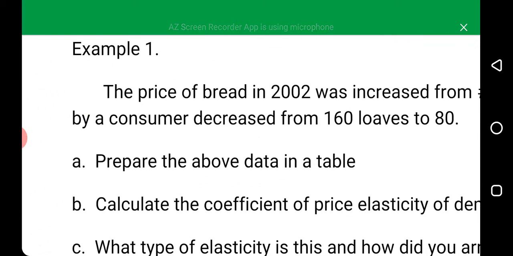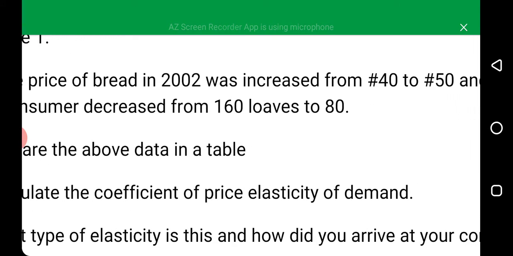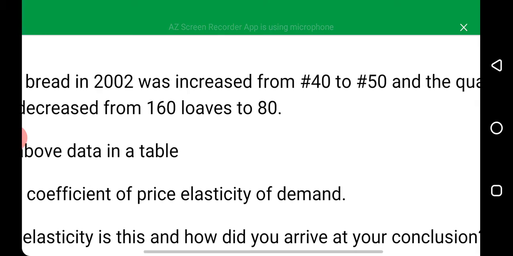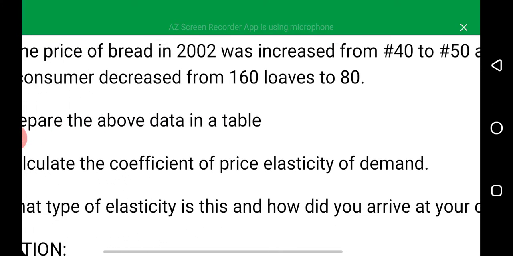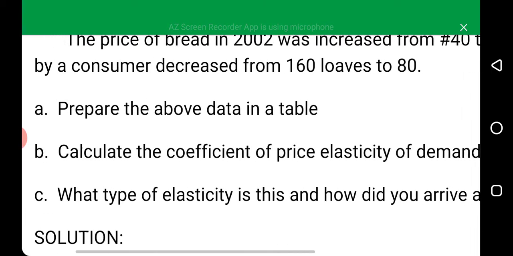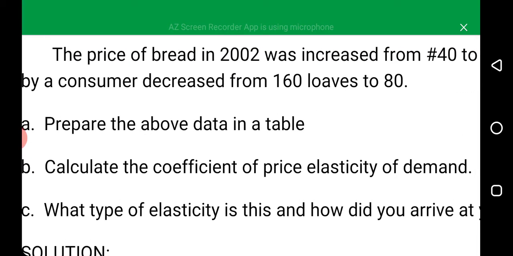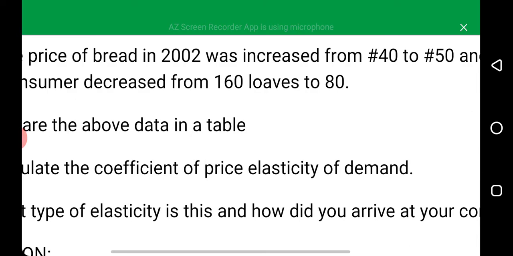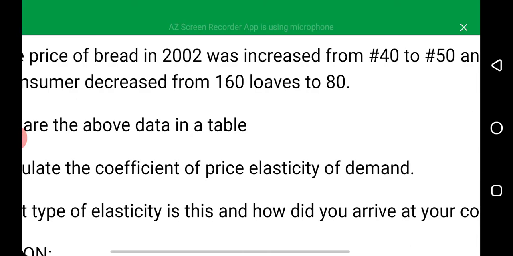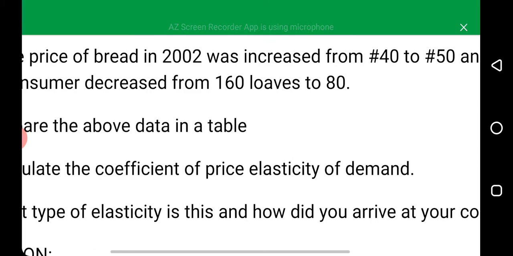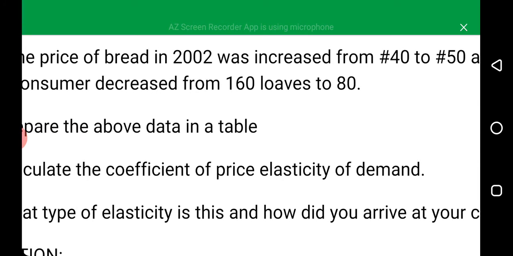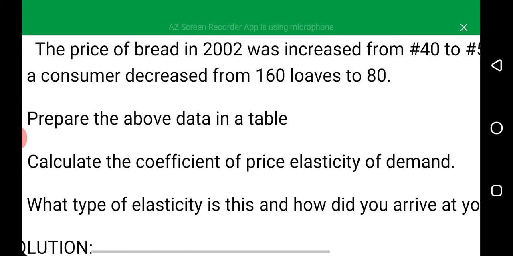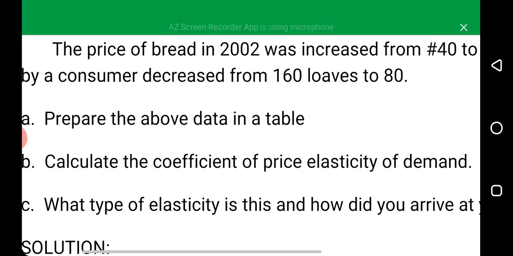Example now. The price of bread in 2002 was increased from 40 naira to 50 naira, and the quantity bought per week by a consumer decreased because the price has increased. The quantity demanded decreased from 160 loaves to 80. You can see the rate at which there is reduction in quantity demanded.